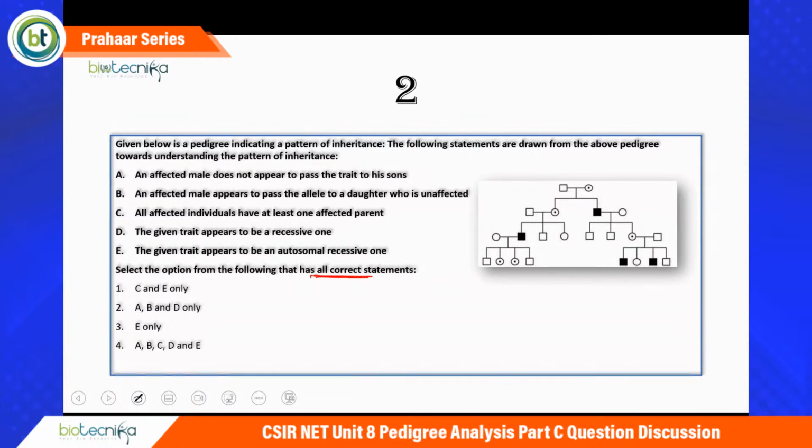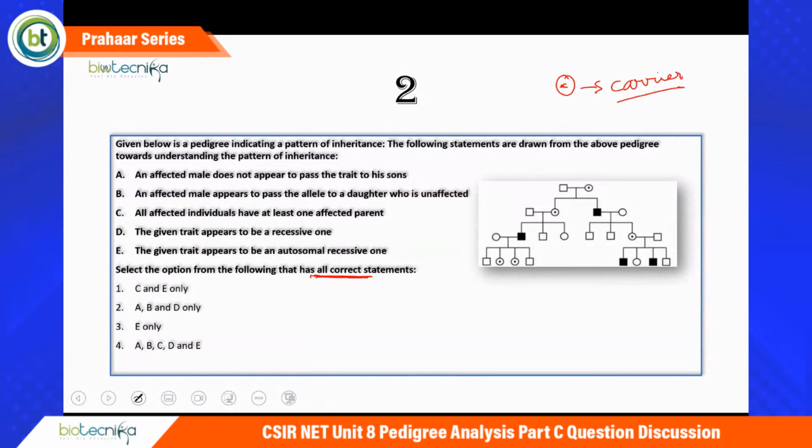Once we are clear with it, let's check out the chart. In this chart, again, there is the usual square and circle, and also a new sign: a square or circle with a dot. A circle with a dot or a square with a dot means that the individual is heterozygous, or a carrier.